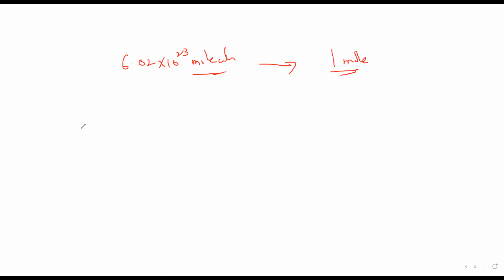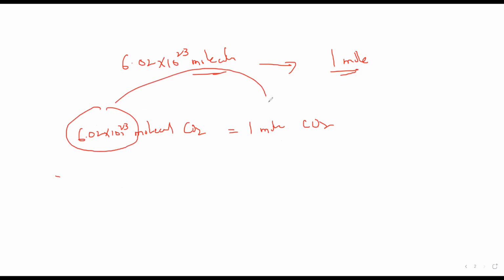For example, if we have 6.02 into 10 to the power 23 molecules of carbon dioxide, we also say we have 1 mole of carbon dioxide. This many molecules together is known as a mole.